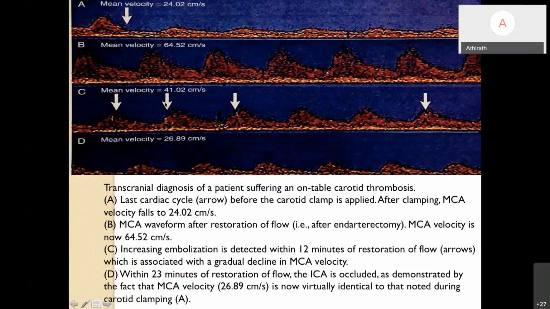Within 12 minutes, you can see that the mean middle cerebral artery velocity is falling to 41. Within 30 minutes, it has almost reached the previous velocity seen after carotid clamping. So whenever you find such tracings, you can come to a conclusion that your carotid artery has been thrombosed at the site of surgery.